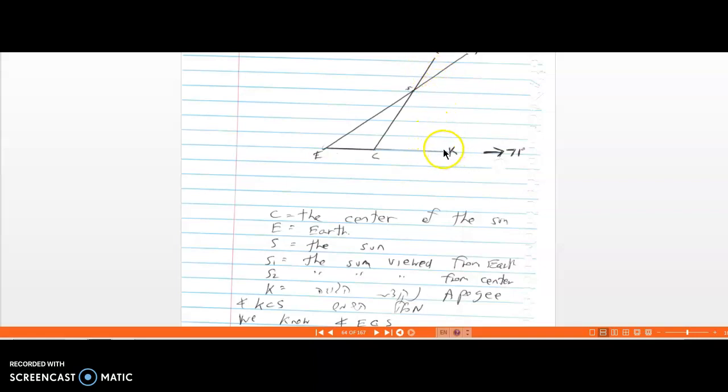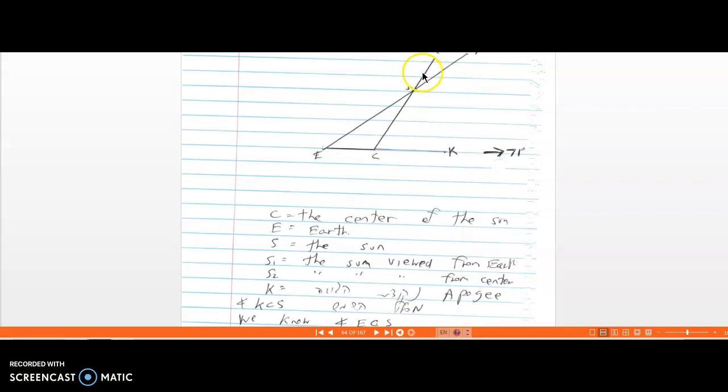Again, let's use an example. This angle here, KCS, is 70 degrees. KES, as we said before, is only 30 degrees. This information, through some trigonometric formula, gives us this angle, the difference between this and this.